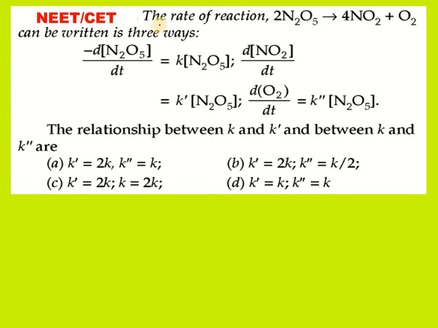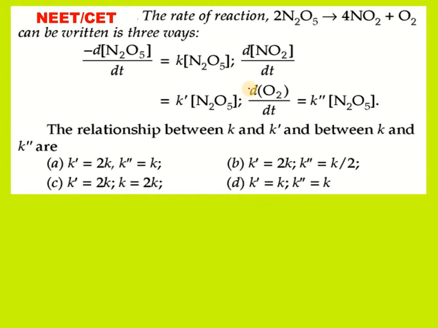Next question. The rate constant of the reaction 2N2O5 gives 4NO2 plus O2 can be written in three ways. That is, minus d by dt of concentration of N2O5 is equal to K into N2O5 concentration. That means the rate constant. Similarly, d by dt of NO2 concentration is equal to K dash into N2O5 concentration.